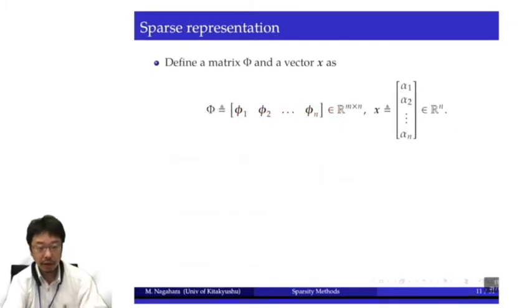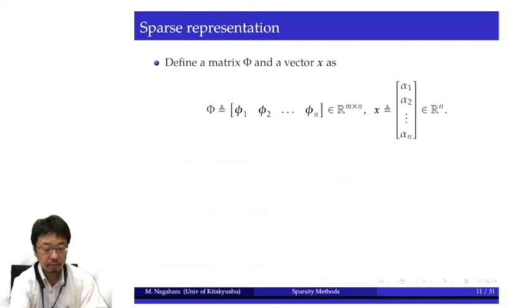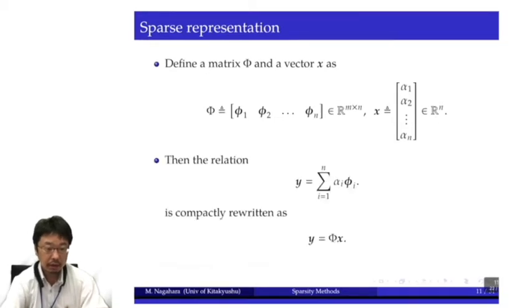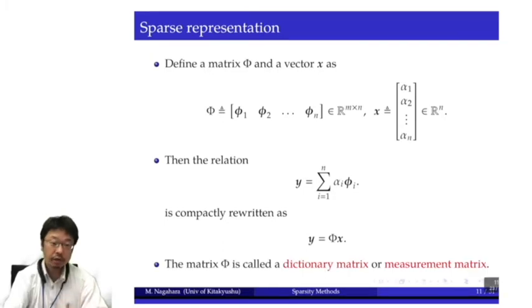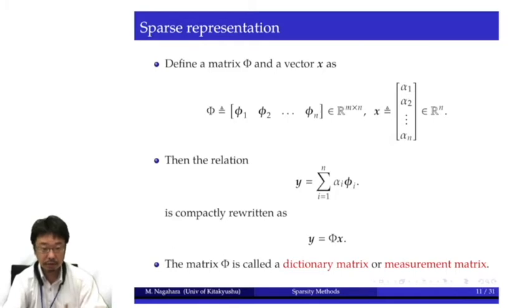Now define a matrix phi and a vector x as these. Then the relation of this is compactly rewritten as y equals phi x. The matrix phi is called a dictionary matrix or measurement matrix.